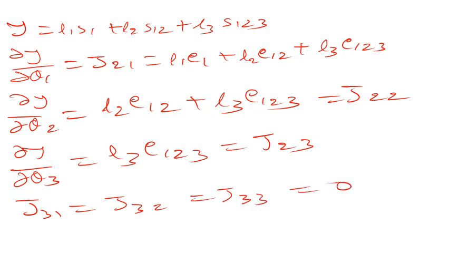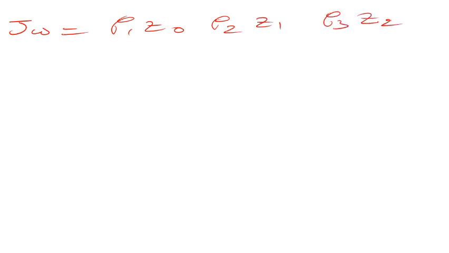So you have the JV matrix. The JV matrix is done. Now J omega should be rho 1 Z0, rho 2 Z1, and rho 3 Z2. So rho 1, rho 2, rho 3 all are equal to 1.